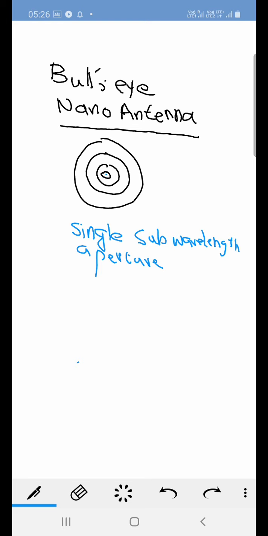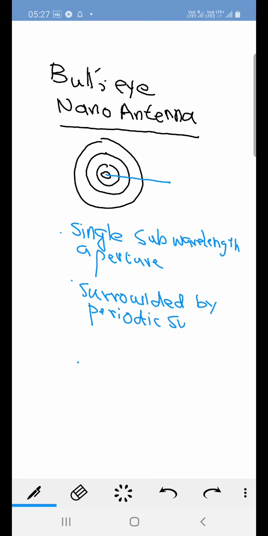So this is the single sub-wavelength aperture, surrounded by periodic surface corrugation.